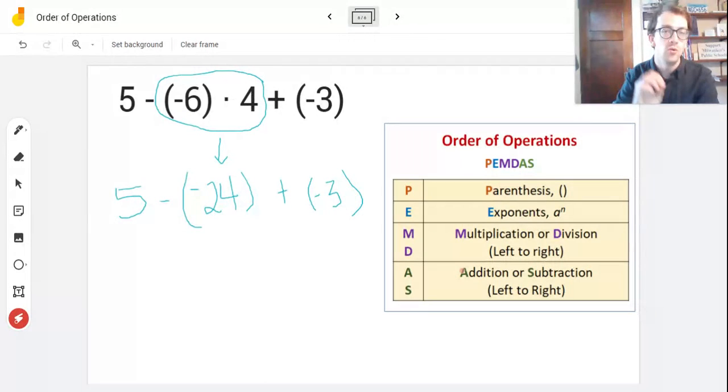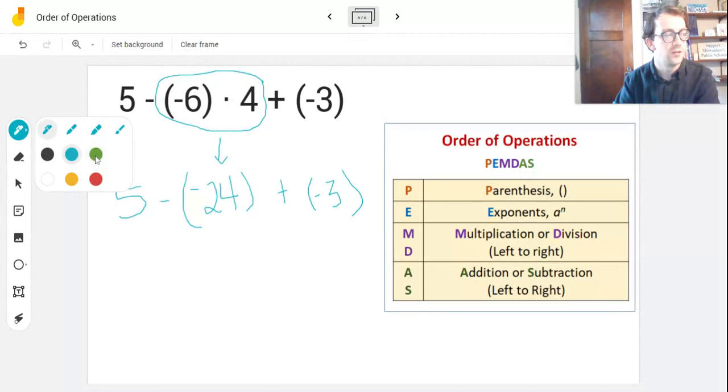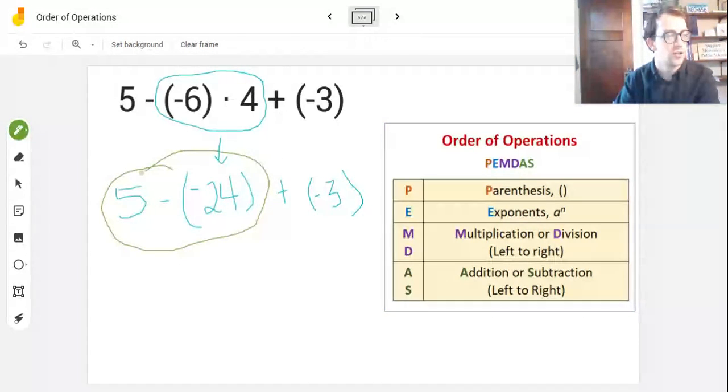We're just going to do whatever comes first when we read left to right. So if I start over on the left side and I'm reading towards the right, what comes first, subtraction or addition? Subtraction over here. So this tells me I'm actually going to focus right here, and my next step is going to be to solve what is 5 minus negative 24.